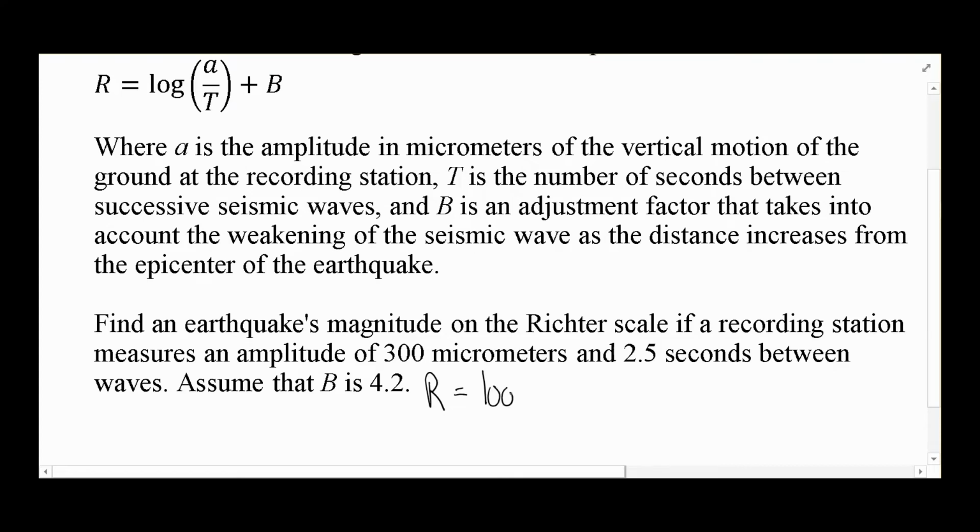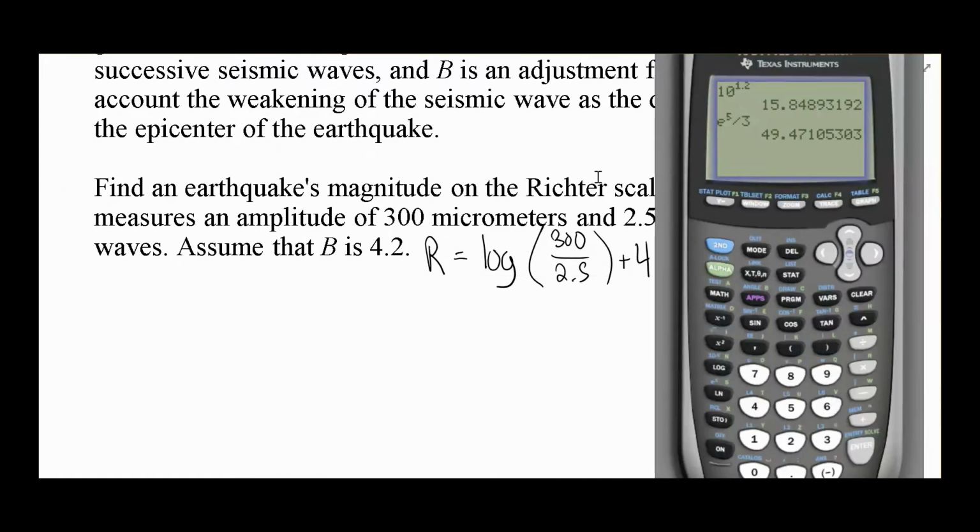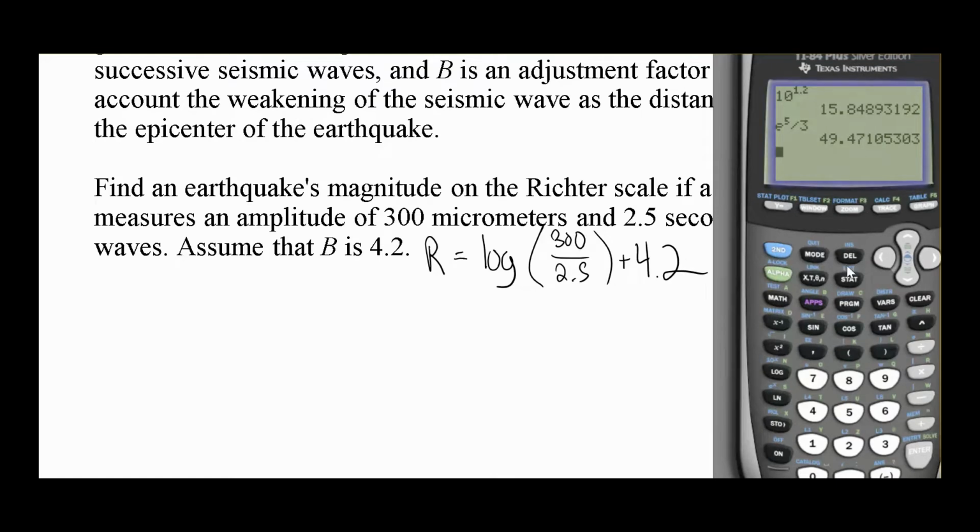Because you're going to say it's log of A was 300, T was 2.5, and the B value was 4.2. So you're just going to literally plug those numbers into your calculator. I'm going to move that over a little bit so we can see the problem still. And so you're just going to type in log of 300 divide by 2.5, end my parentheses for the log, but then plus 4.2.